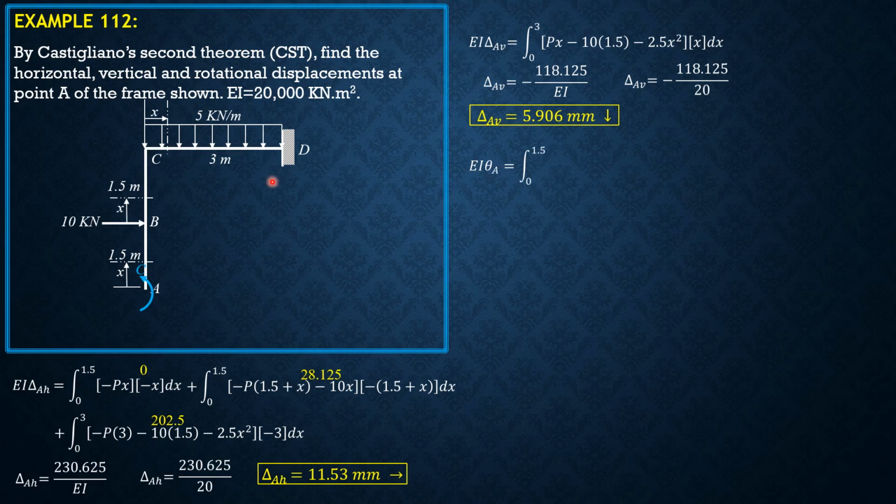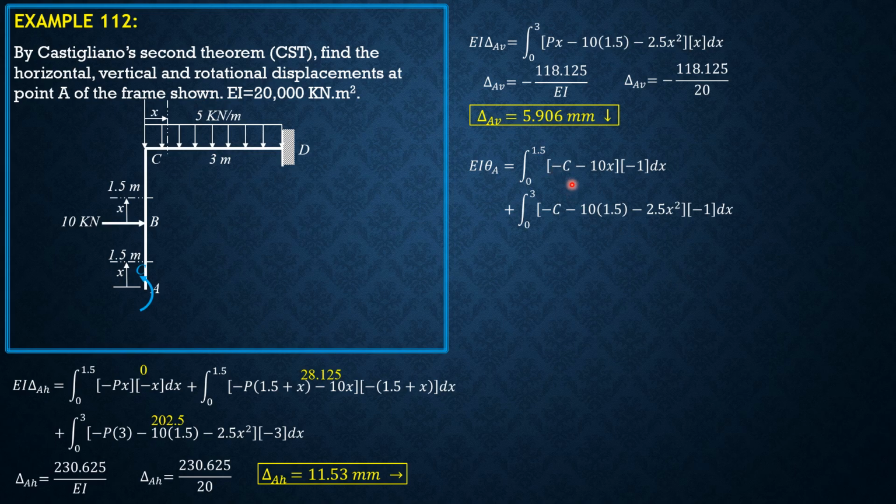Integral EI theta A is integral 0 to 1.5 of negative C minus 10x. The partial derivative with respect to the couple is negative 1 dx. Then in this section, plus integral 0 to 3 of negative C plus minus 10 times 1.5 minus 2.5 x squared. The partial derivative is negative 1 of this moment equation.